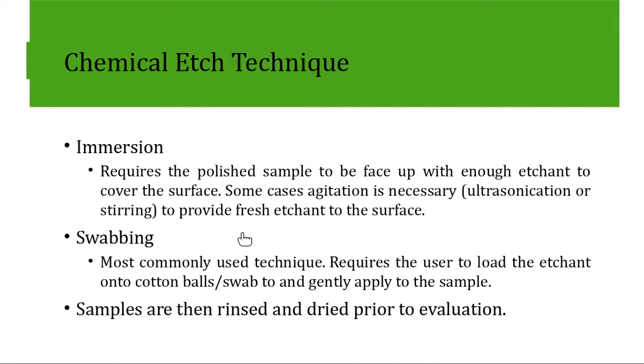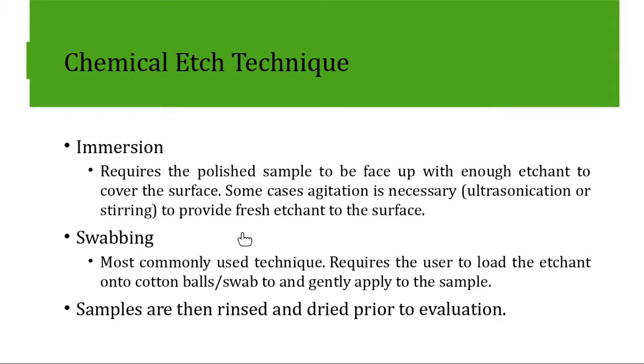You're probably thinking, well, it's immersed, so wouldn't it be fresh all the time? But if it stays stagnant, there's no flow to really bring on fresh etchant to that surface. So the fresher the etchant, the faster and more uniform the etchant will attack that surface.